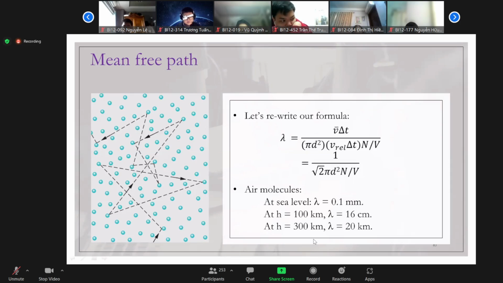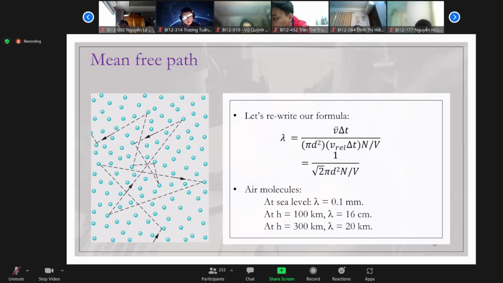And at a height of 300 kilometers, you see two molecules of air will have a very big distance already of 20 kilometers. So mostly we have no air anymore. Mostly we have no air when we go high.